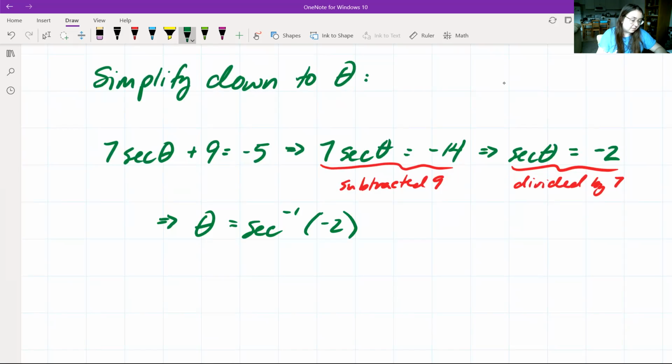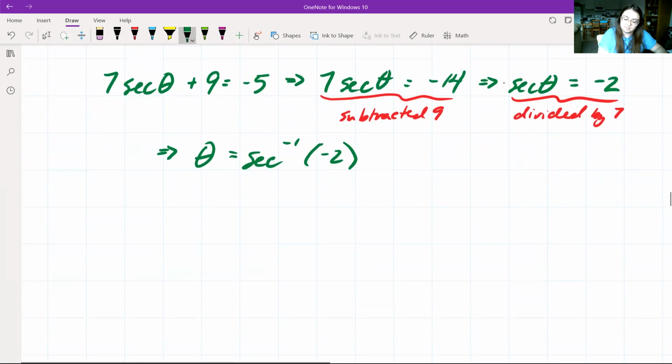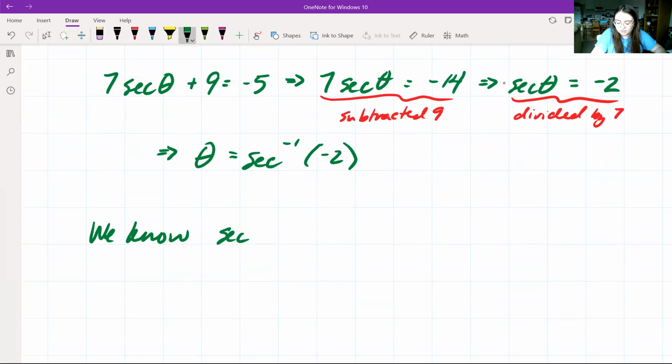So now that we have this equation for theta, we want to go ahead and try to actually find a value for theta. So let's try and rewrite it. We know that secant of theta is equal to negative 2.